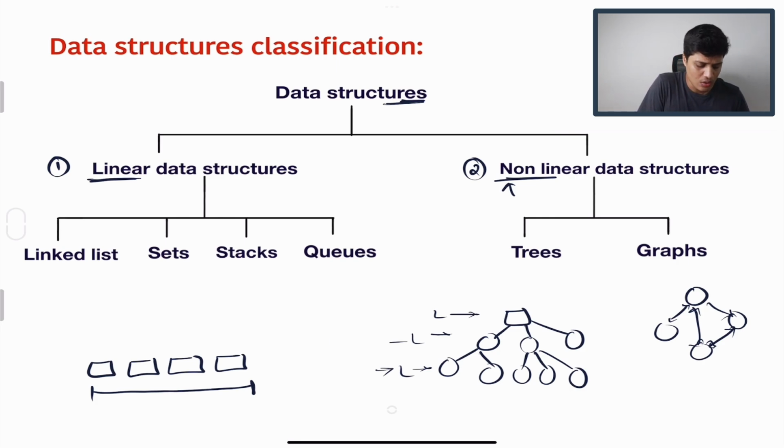All the linear data structures, in which all the values are arranged linearly and sequentially, are further divided into linked list, set, stacks and queues. If all the values inside these data structures are arranged linearly, then what exactly is the difference between them?